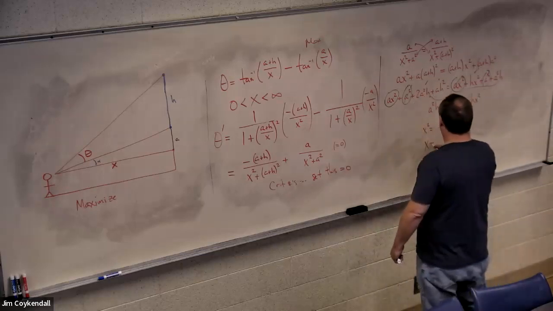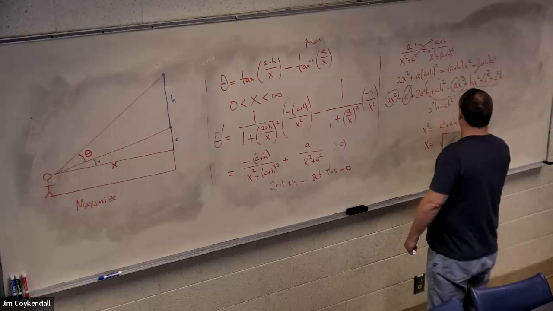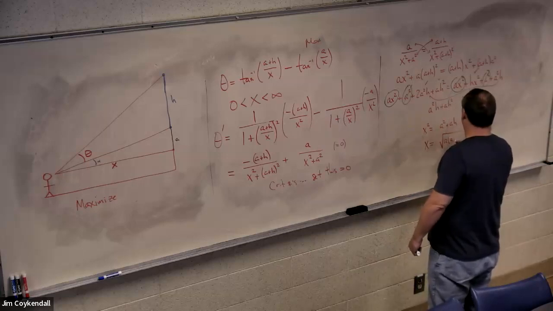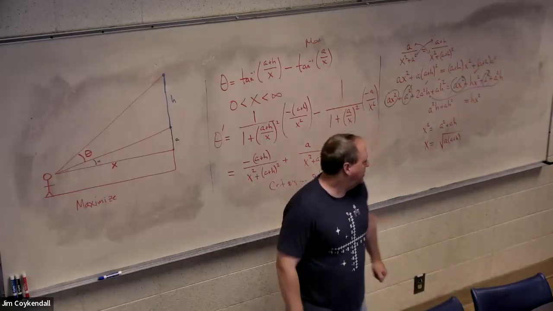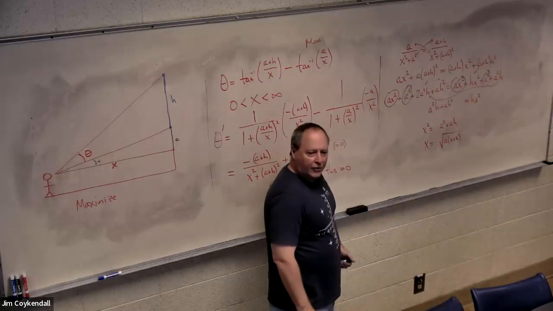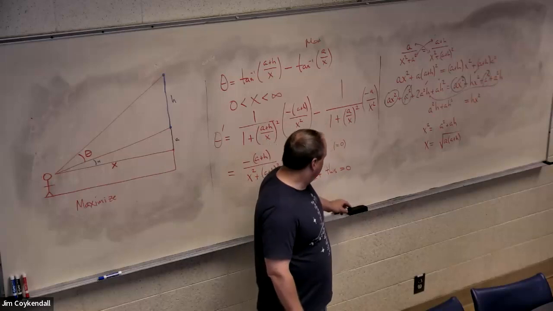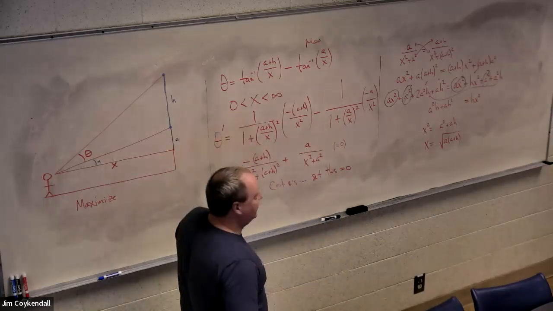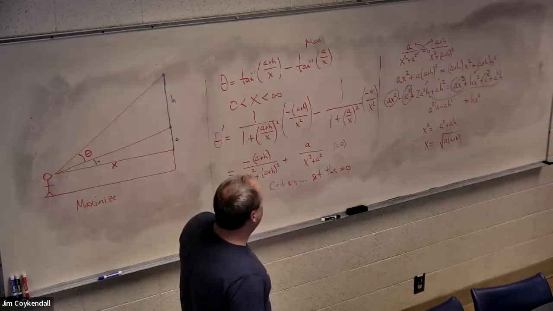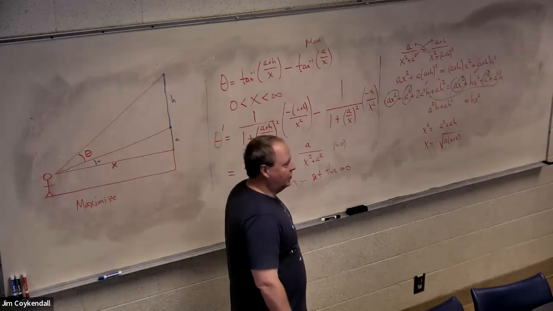So I get x is the square root of that. Notice there are two square roots, a plus and a minus, but the minus doesn't concern us because my x is positive. I don't want to walk through the wall, right? So the negative square root is out.